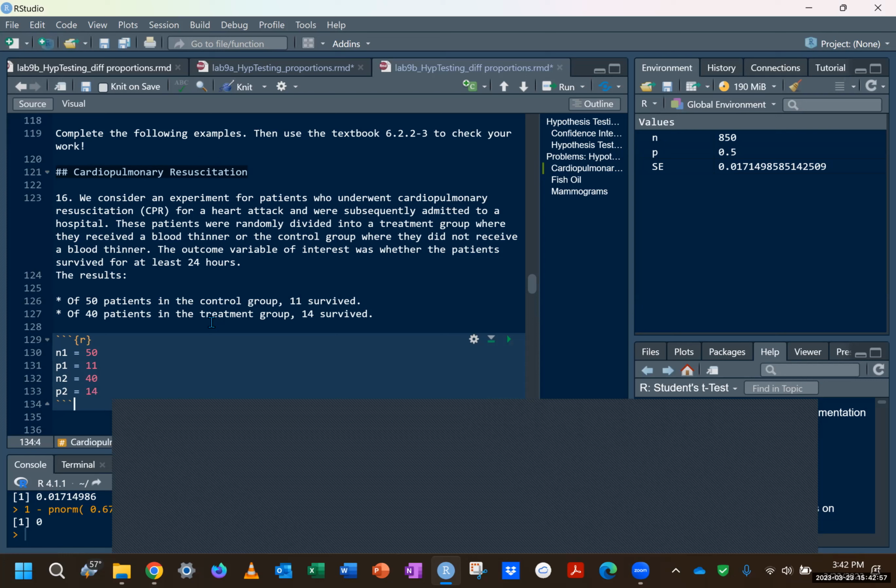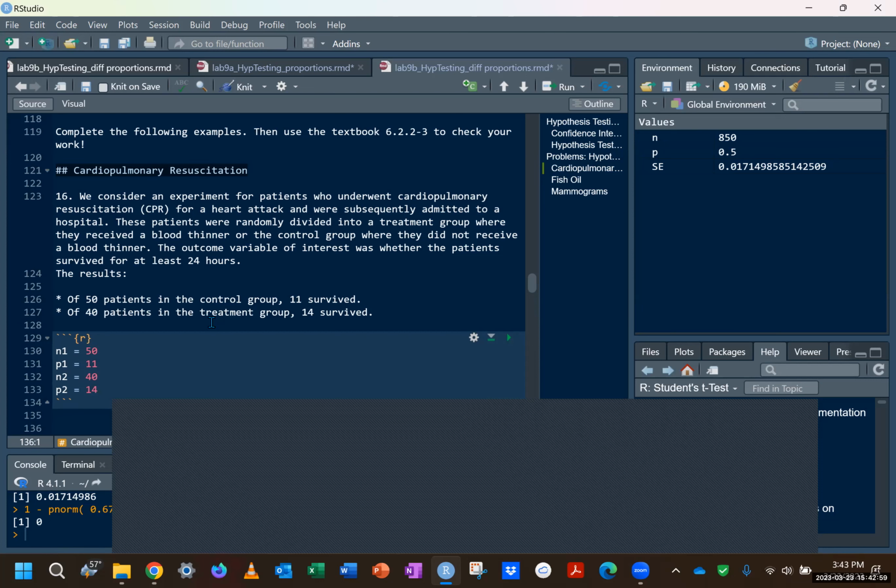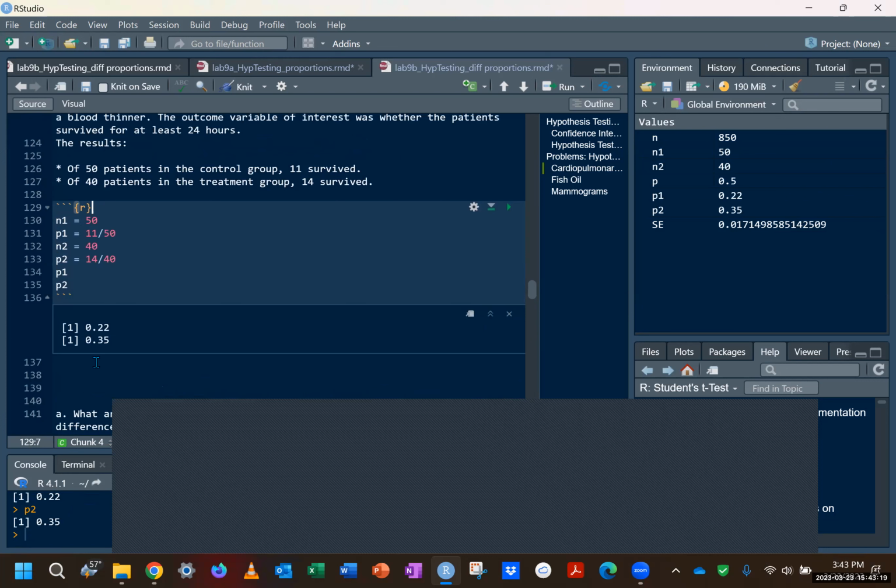We want to know, is there a difference between these proportions? Oh, and these proportions should really be divided by 50, divided by 40. I just gave you numbers, they're not proportions. So N, P1 and P2, I kind of want to see what those are to see if there's a difference. Okay, these are the two proportions.